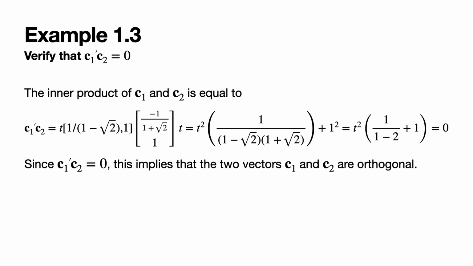And if you go through and do the calculations, and especially if you focus on the next to last expression on the right-hand side, you see that that evaluates to 0. And so since C1 prime times C2 is equal to 0, this implies that the two vectors C1 and C2 are in fact orthogonal.